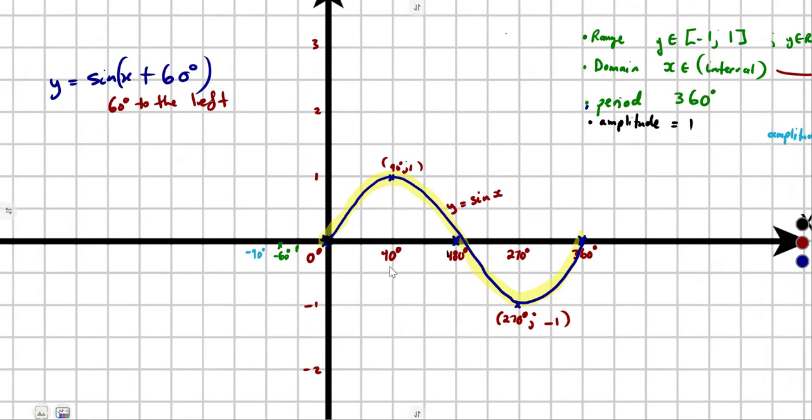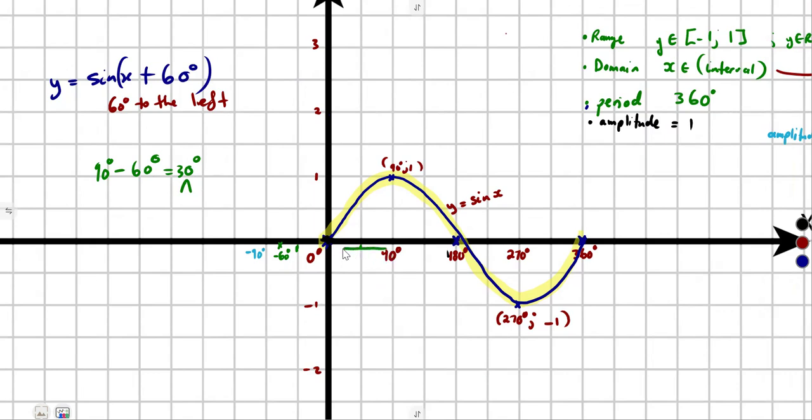The 90 degrees will be taken again 60 degrees to the left. So if we take 60 degrees to the left, 90 minus 60 is what? We are subtracting that, so it's going to be at 30 degrees. Where 90 degrees was on the original graph, now it's at 30.